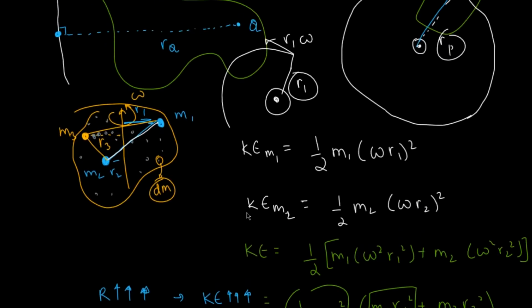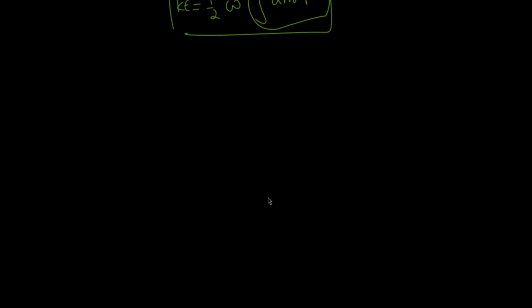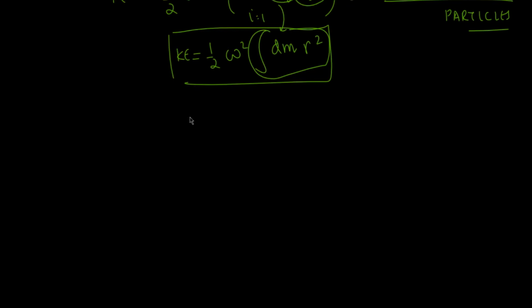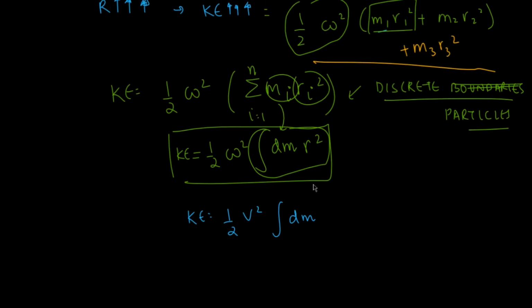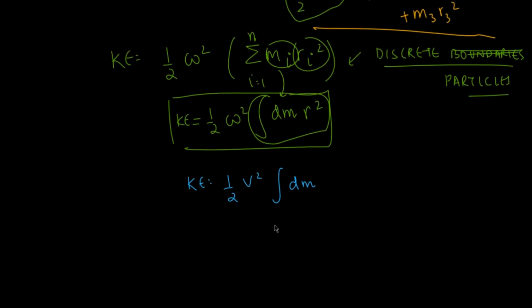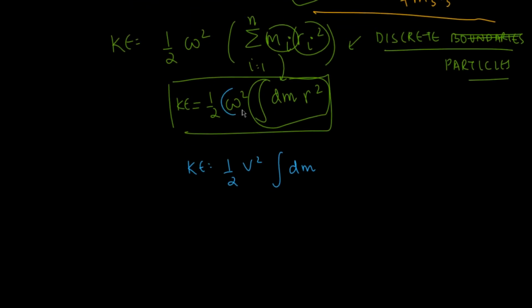If you had a translating object though, let me just write it right here, it has a kinetic energy of half v squared times the total mass. The total mass, let me write that in integral form, is just the sum of all the dm's, all these small tiny particles right here. The only difference between these two, first obviously, is the difference between angular velocity and linear velocity.